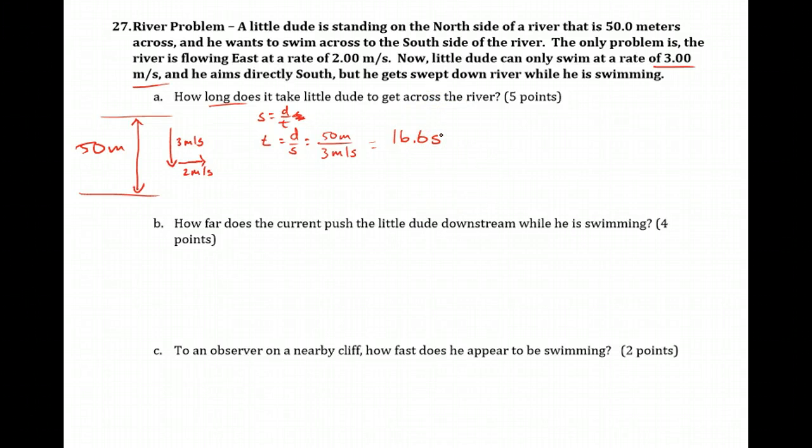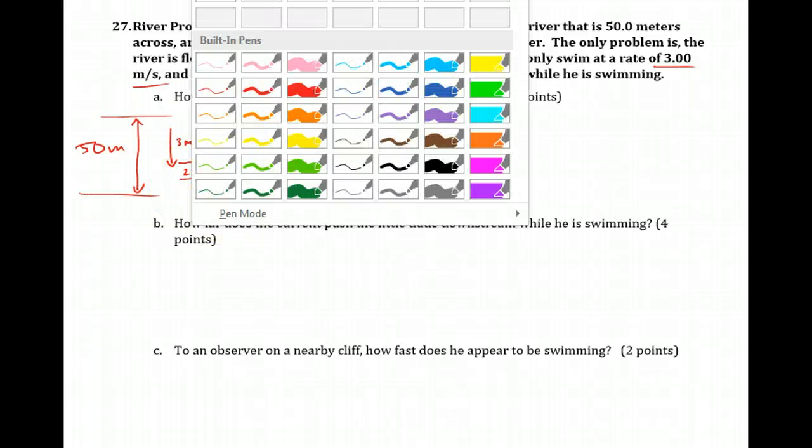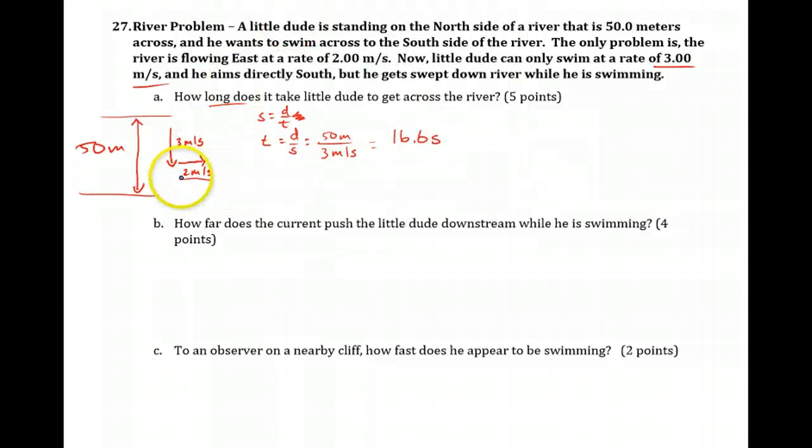is our time. How far does the current push the little dude downstream while he's swimming? Well, if he's swimming for 16.6 seconds and the current is pushing him downstream at 2 meters per second right here, that's our speed, that's our time. So we need to solve for distance.